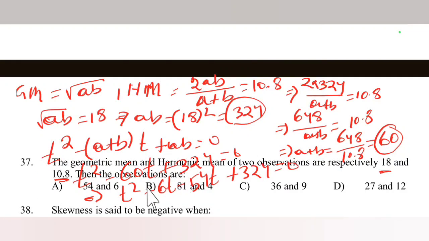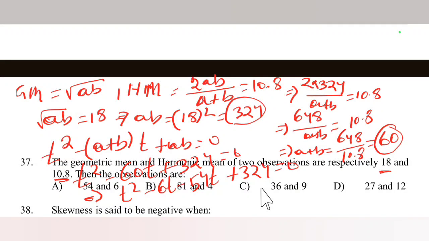If we simplify this, from the first part we take t common, then t minus 6, and from the second part we take 54 common, then t minus 6. So one factor is t minus 6, and the other is t minus 54.